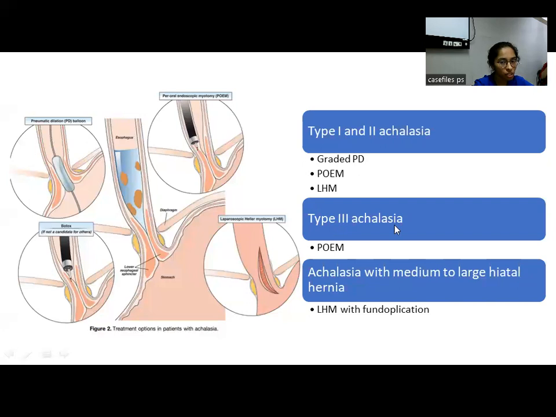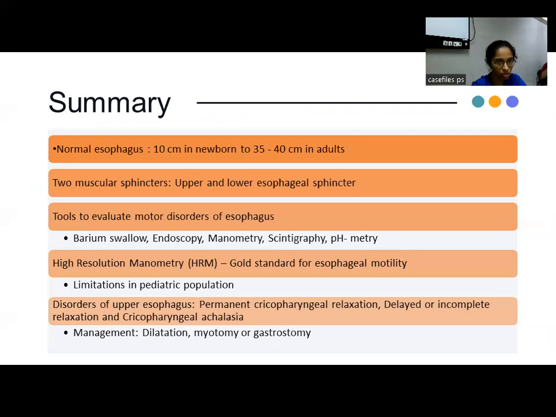In patients with type 3 achalasia, there will be more spasmodic contractions in the esophagus, and they will benefit more from POEM. And in patients with achalasia with a medium to large hiatal hernia, surgery has to be employed, and Heller's myotomy with fundoplication is the treatment of choice.